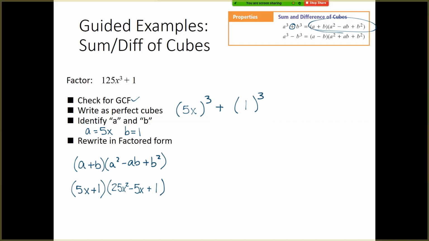When you get your answer finished, check it with mine on the board. Good job.